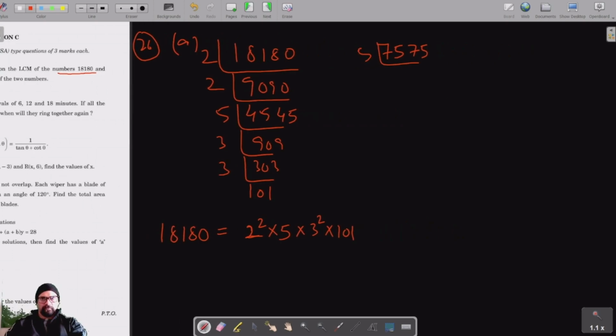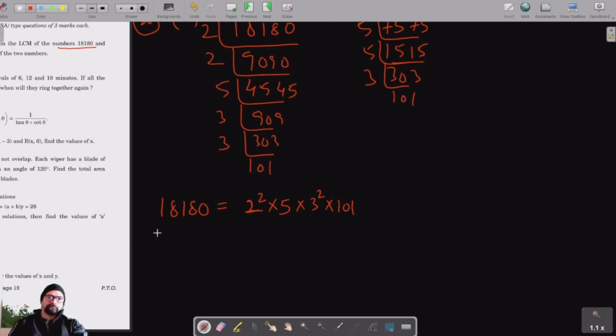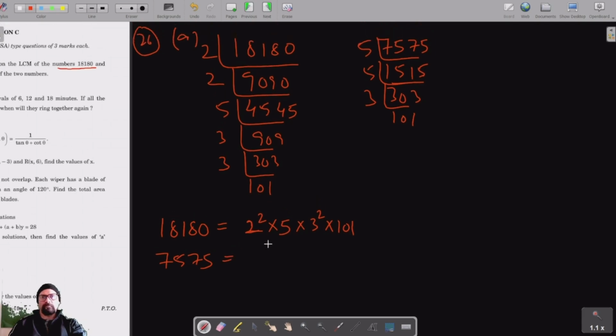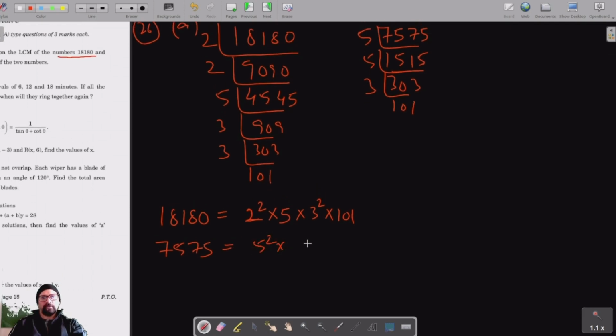And let's divide 7575, so it's 5 ones are 5, 25, 1, 5. So it's 5 and 303, which gives us 3 into 101. So 7575 is equal to 5 square into 3 into 101.